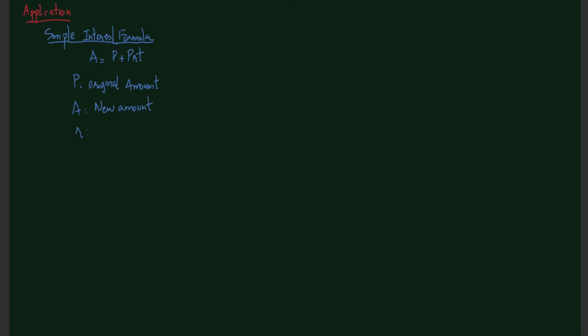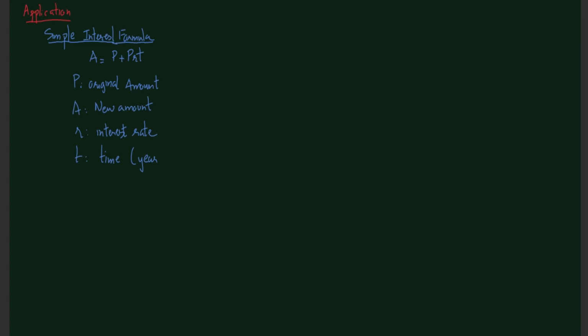Okay, interest rate. R is the interest rate, and T is time. Mostly it's year. Most of the time it's year, or it could be hour, but I think I'm going to use year.